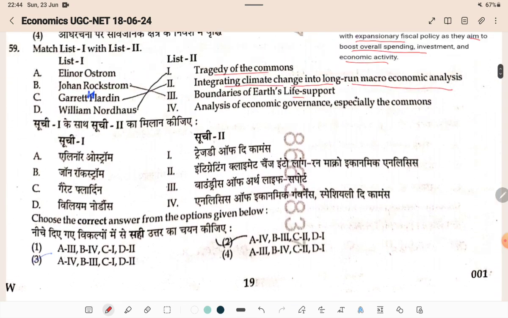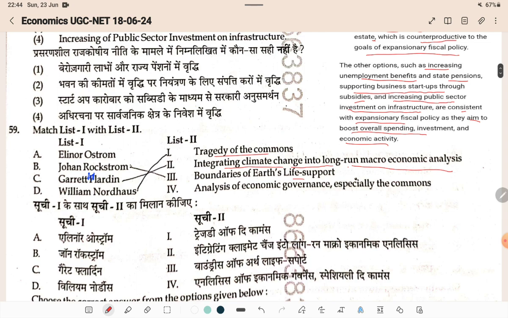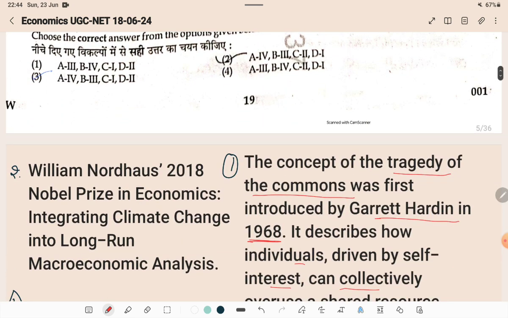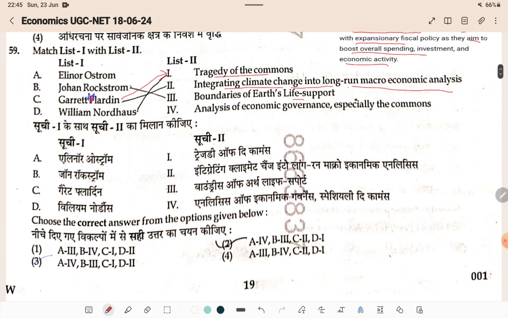So we can match Garrett Hardin with the tragedy of the commons. Now the next, William Nordhaus in 2018 got a Nobel Prize in Economics, integrating climate change into long-run macroeconomic analysis. So William Nordhaus goes with the second one, integrating climate change into long-run macroeconomic analysis.